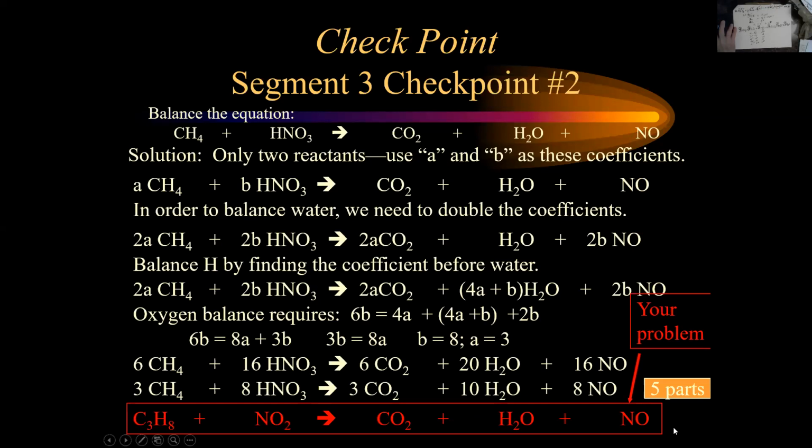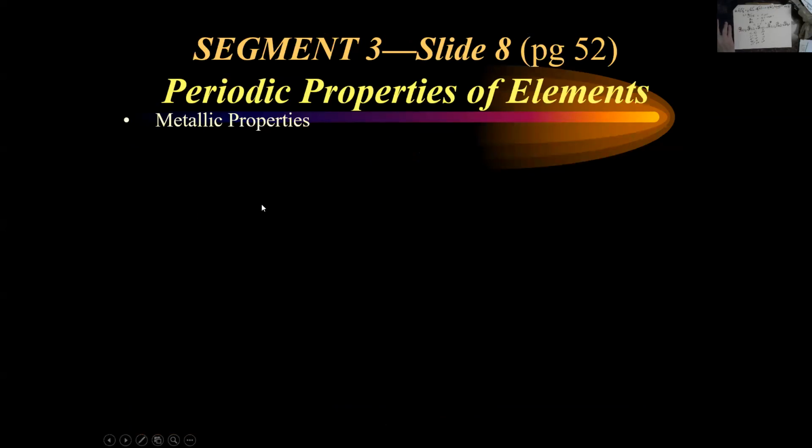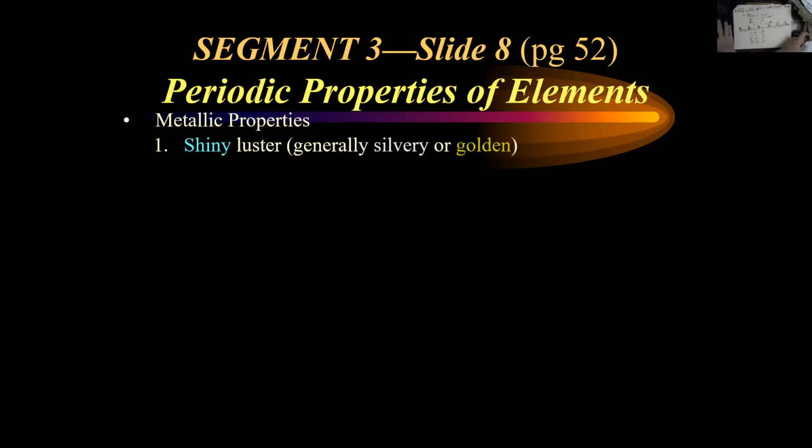And now, let's look at the elements and their characteristics. Metallic elements. If you look at your periodic table, over on the right-hand side, there are some bolded steps.